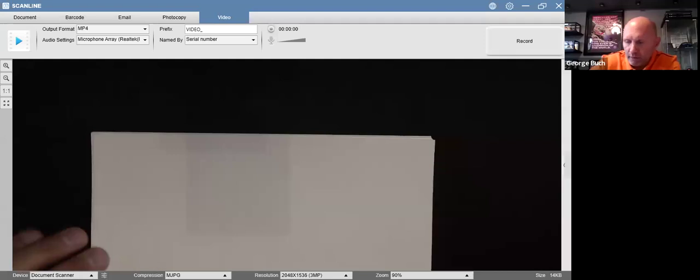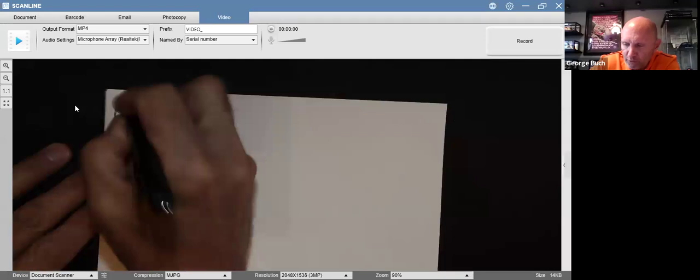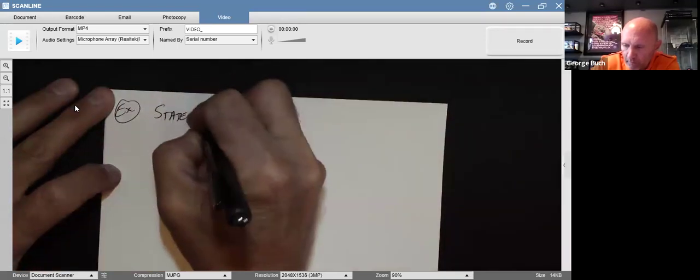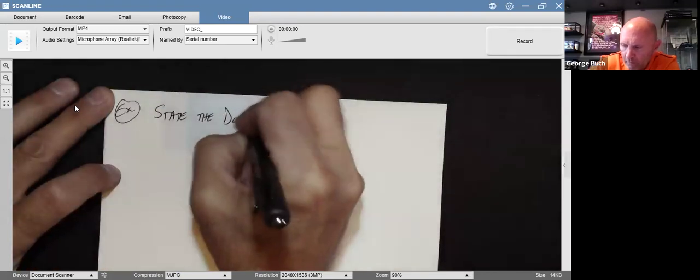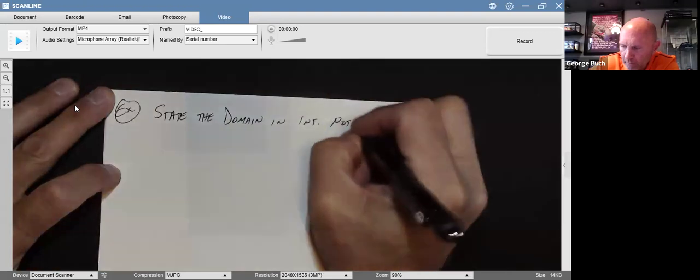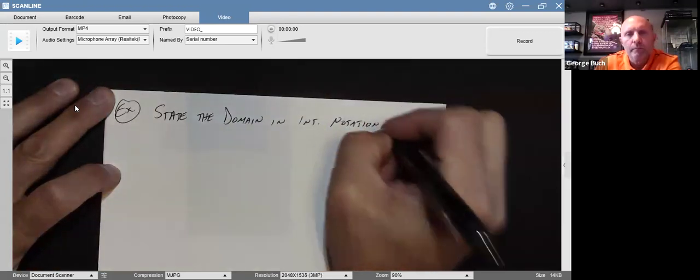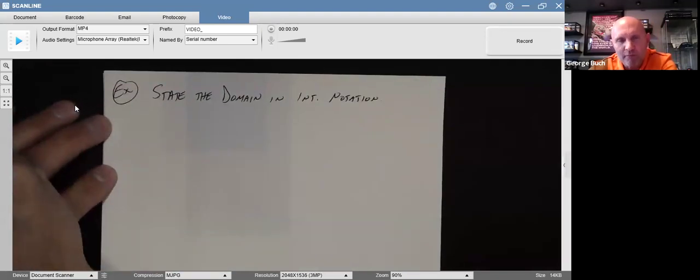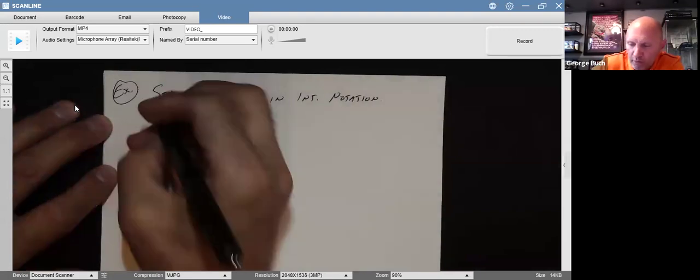All right, so the first problems we're going to look at are the domain problems. We want to state the domain in interval notation. Before I start putting down the problems, let me emphasize again, what are the two things that we're worried about?